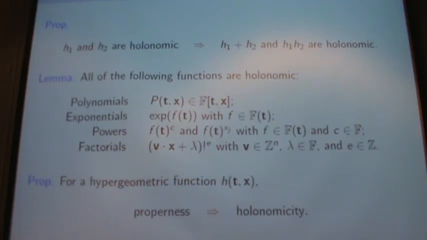For instance, if H1 and H2 are holonomic, then the sum and the product of H1 and H2 are both holonomic. I will not show this, but it is true. To prove the conjecture you have two steps, because the conjecture says properness is equivalent to holonomic. This slide will show that if it's proper, this implies holonomic.